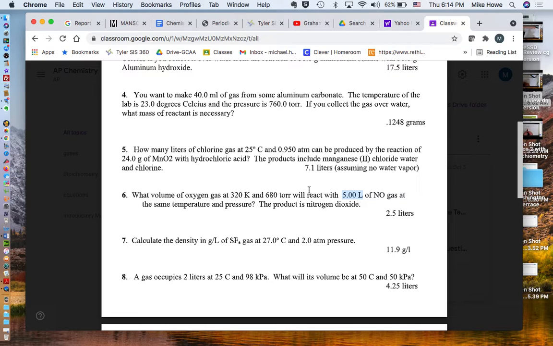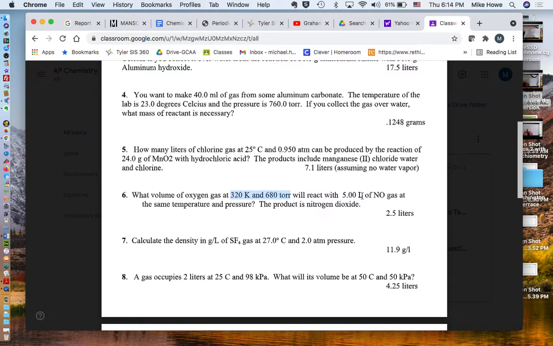So if you're doing a volume-volume problem where you've got a volume and you're changing to a volume and the temperature and pressure don't change, they stay the same, doesn't say anything about them changing, then we don't need to change to moles. We can just take a liter ratio. So we'd have 5 liters of NO, and then you multiply by the mole ratio between oxygen and NO. Since it's a volume problem, you don't need to change liters to moles.